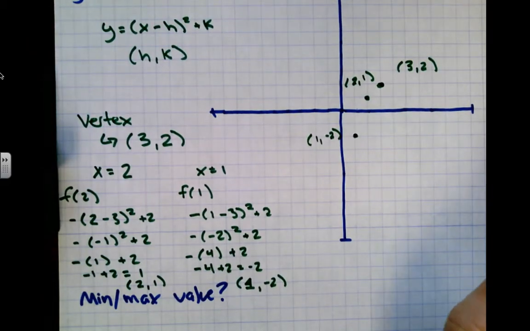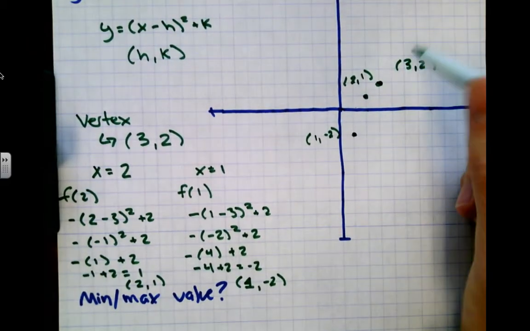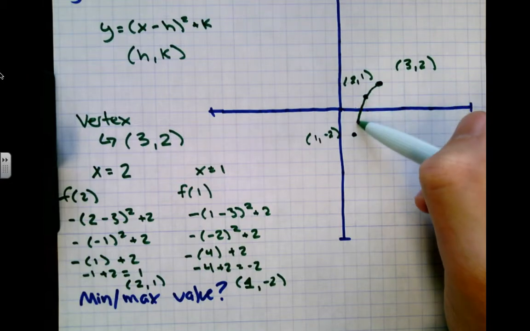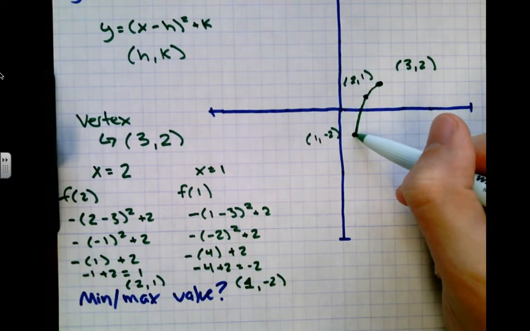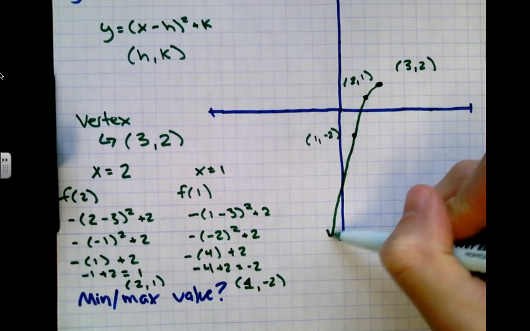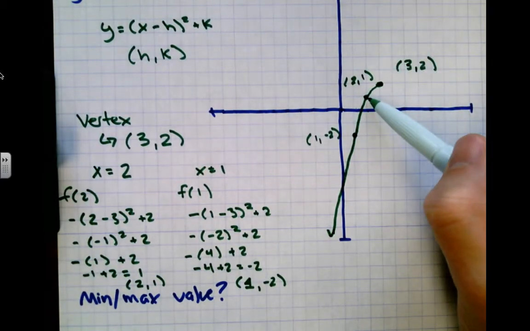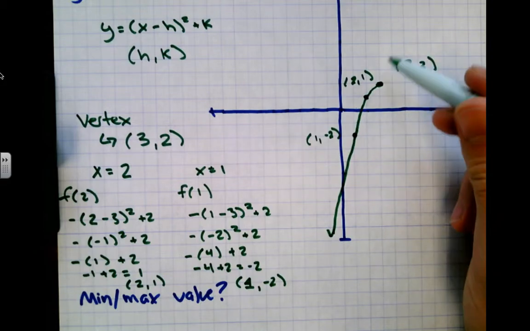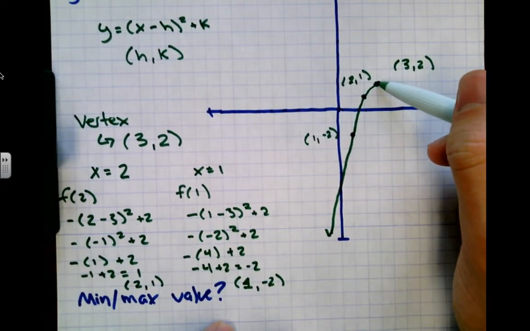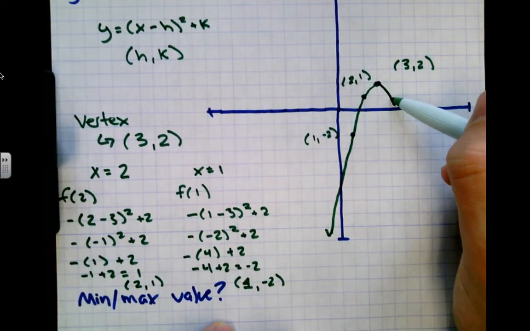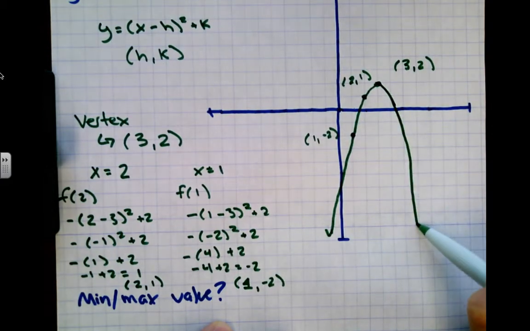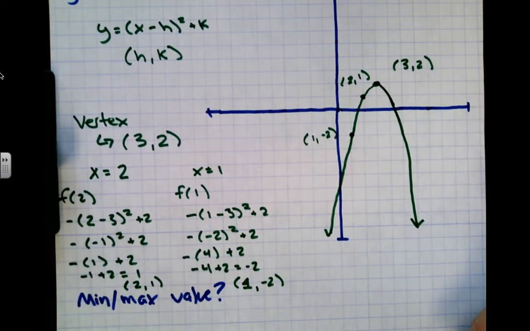And just like in standard form, we can go through and sketch our parabola now, like this. And we know, because of the shape, that we're going to have symmetry across the vertex, across our axis of symmetry. So we should be able to go through and finish off the parabola.